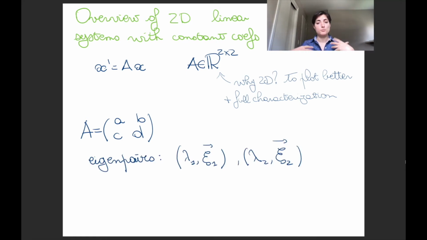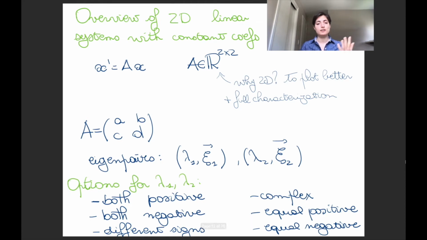So we assume we're able to compute the eigenpairs. In a normal situation, we have lambda 1, xi 1 and lambda 2, xi 2. We have seen that sometimes we don't have the normal situation, so we don't have the second eigenpair. But let's assume we have lambda 1, xi 1 and lambda 2, xi 2. Then there are some options, and the options that we're interested in are only options about lambda 1 and lambda 2.